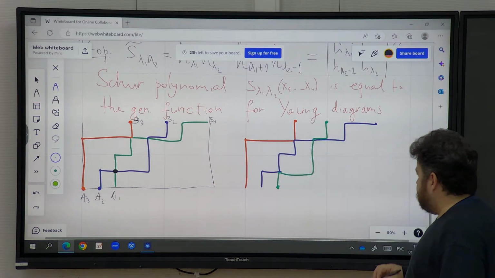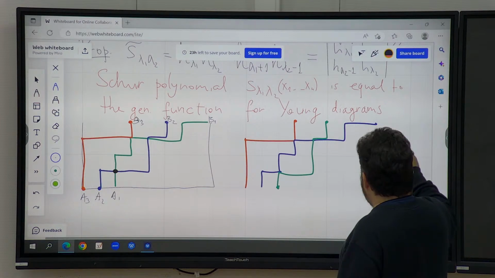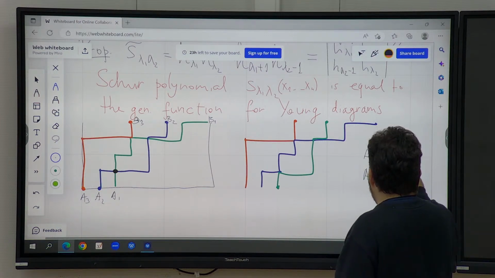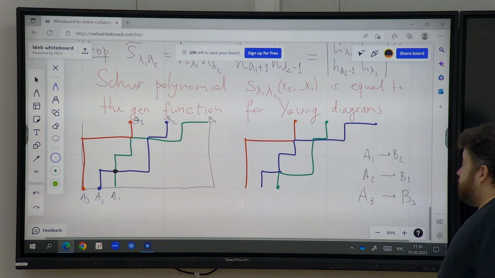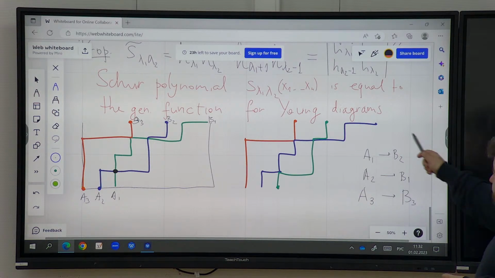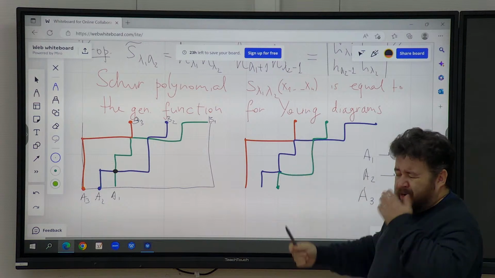They permute somehow, right? So they now map A1 into B2, A2 into B3, into B1, and A3 into B3, right? So this configuration, well, of course it has intersections.